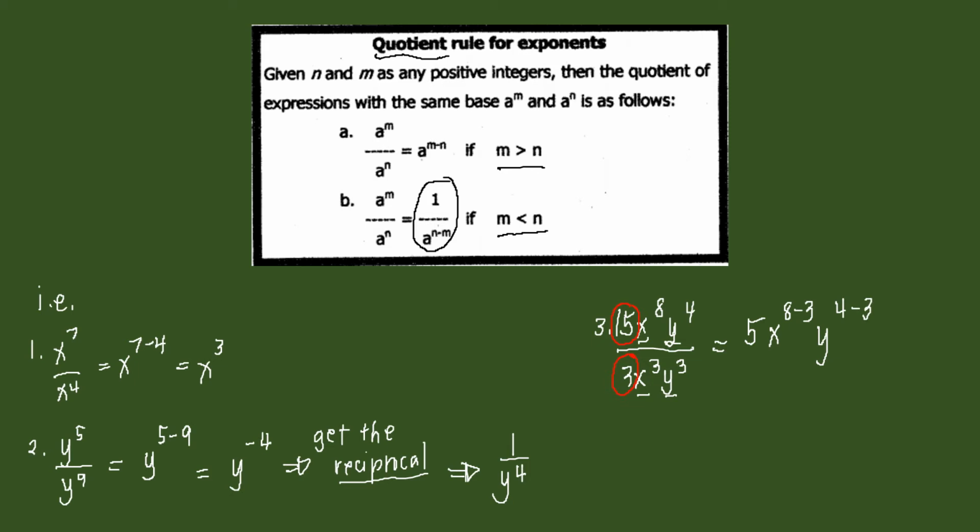So as you can see here, the exponents in the numerator are much greater than the exponents in the denominator. So our answer will be 5 x to the 5th power, and y, 4 minus 3 is 1. I will no longer write it because if I don't write any exponent here, it means it's 1. Therefore, our answer is 5x to the 5th y.